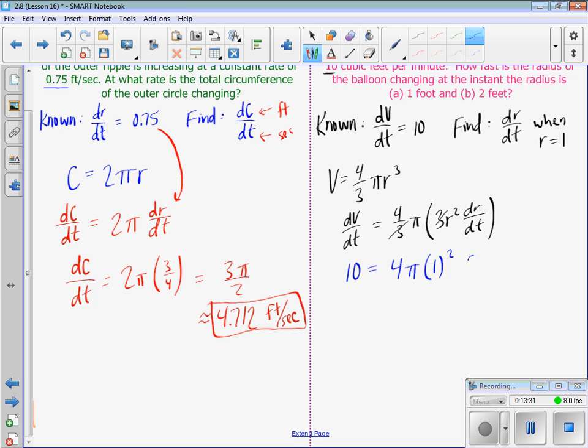And then dr/dt. So how do I get dr/dt by itself? Divide by 4 pi, because that's what this multiplies to. So 10 over 4 pi would reduce to 5 over 2 pi if you wanted it that way.